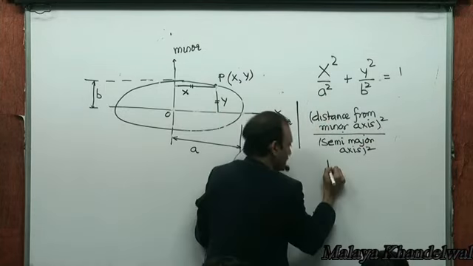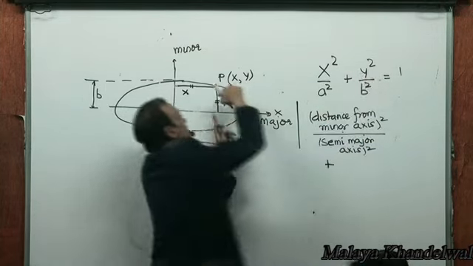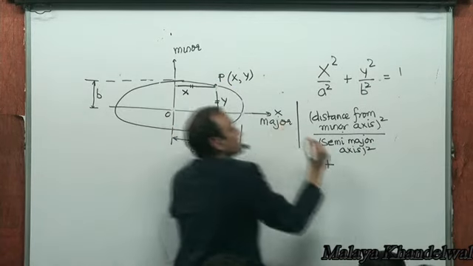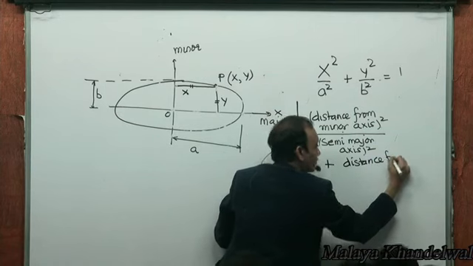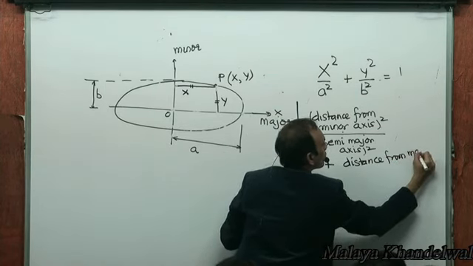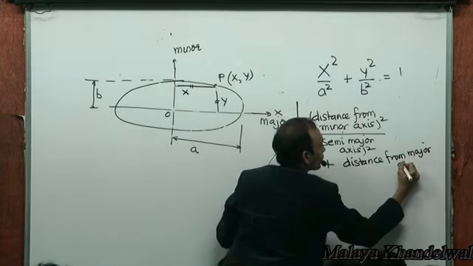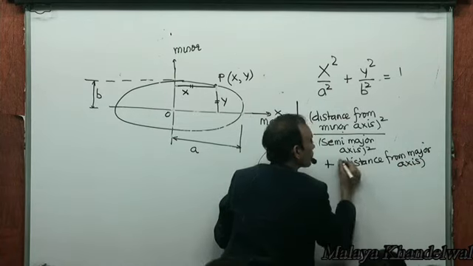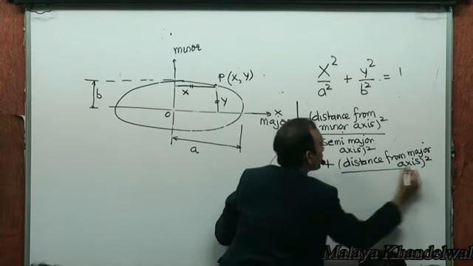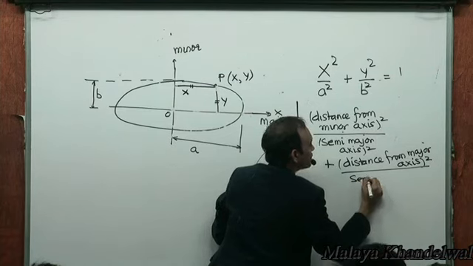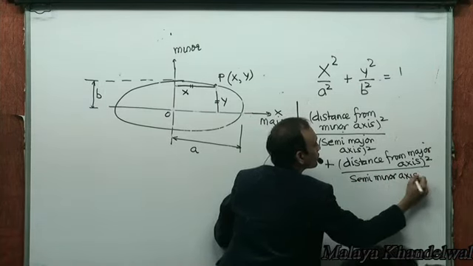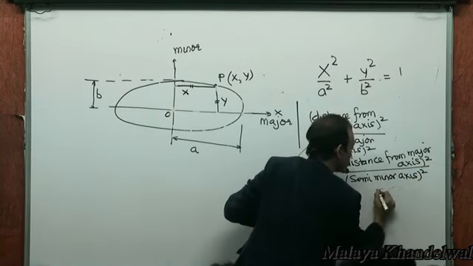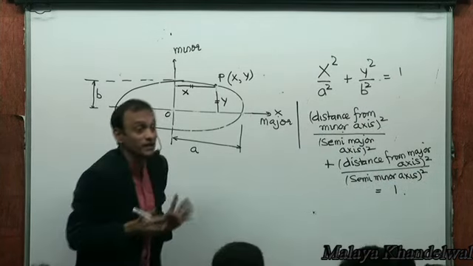Plus distance from the major axis squared divided by b squared, which is the semi-minor axis squared, equal to 1. That's the physical meaning.